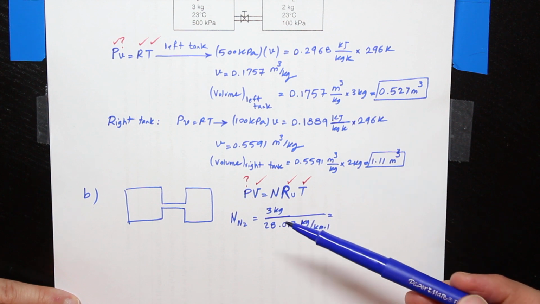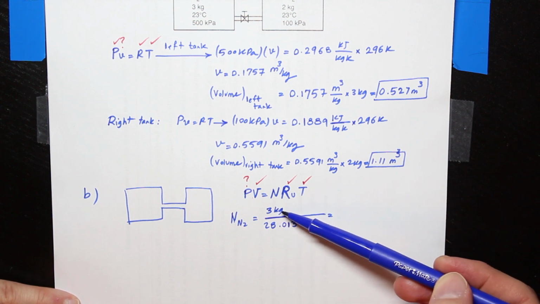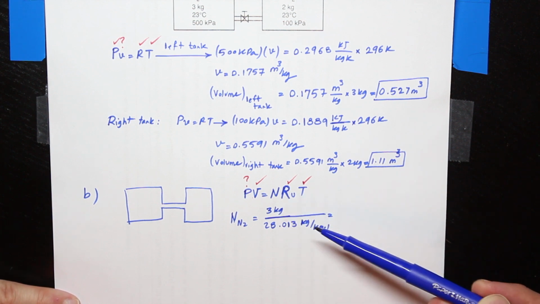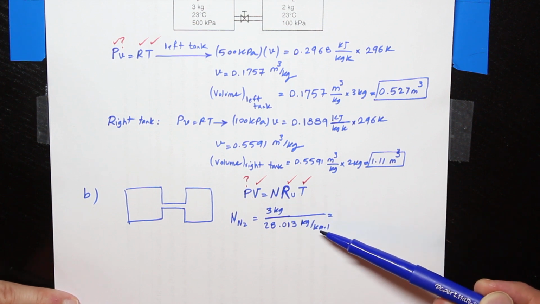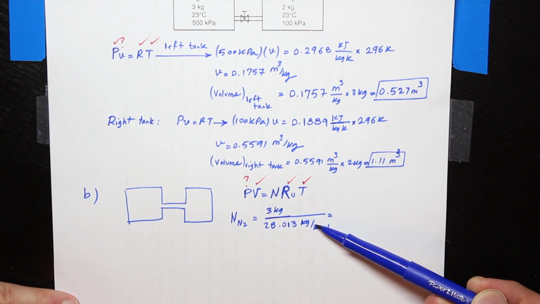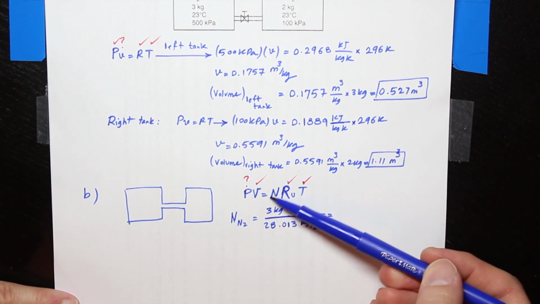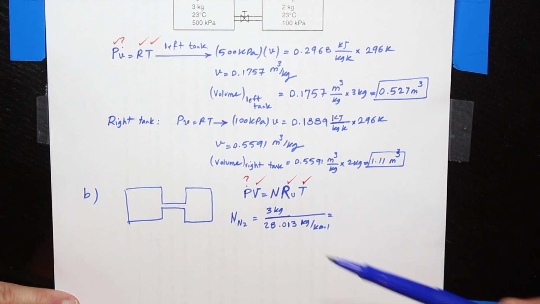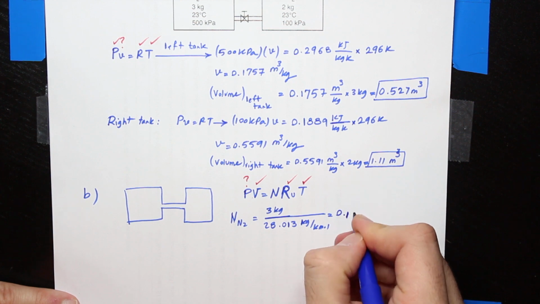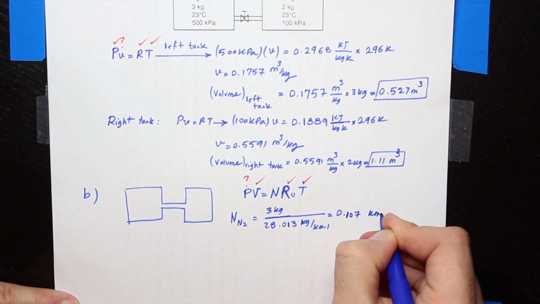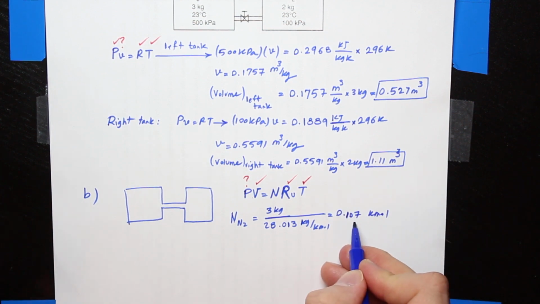Just look at the units: I have kilogram here and kilogram over kilomole. The kilogram cancels, and because I have kilomole in the denominator of the denominator, it comes up, and the total unit is kilomole. This is exactly what I'm trying to find: 0.107 kilomole. So this is the number of moles I have for nitrogen.